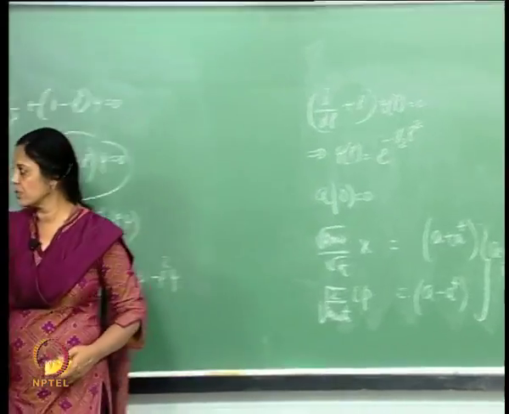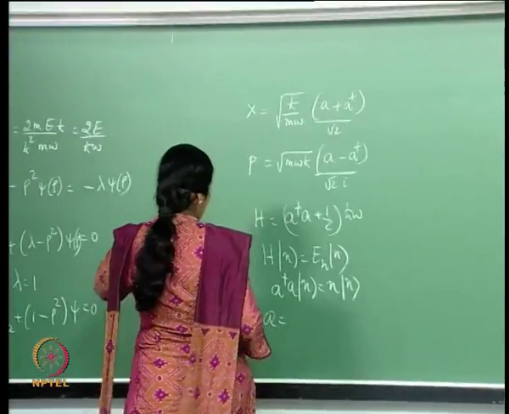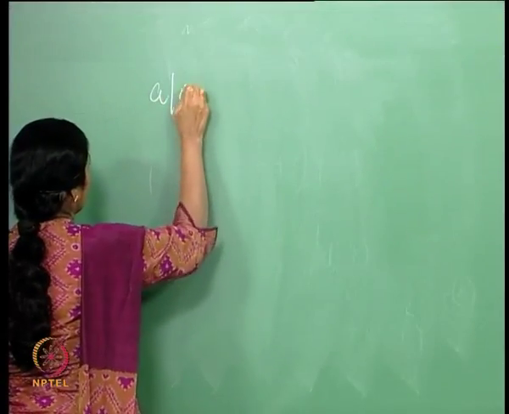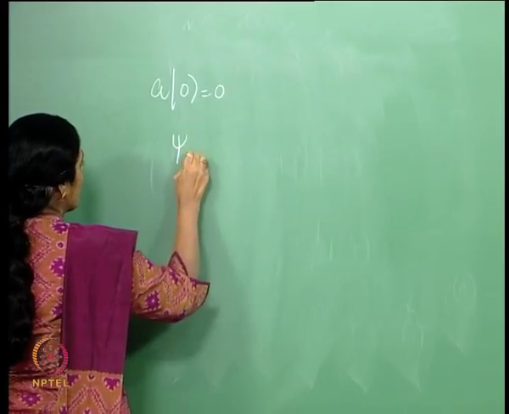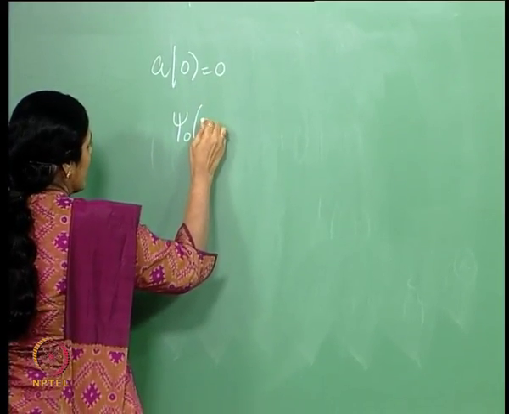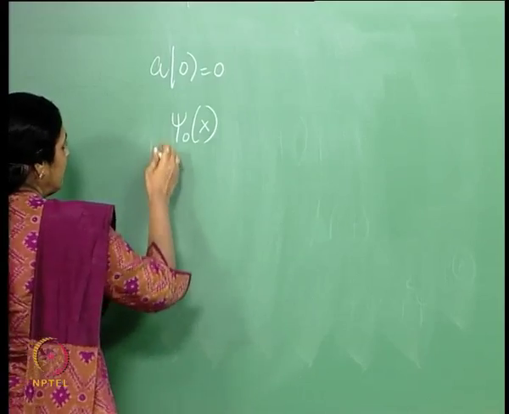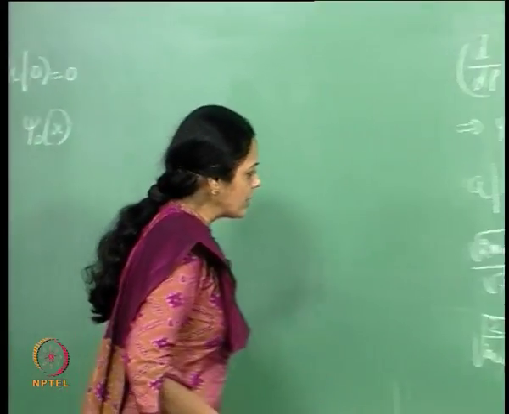A on ket 0 is equal to 0 looks like this. In the position representation, let me write this as psi 0 of x, and A itself can be written in terms of x.